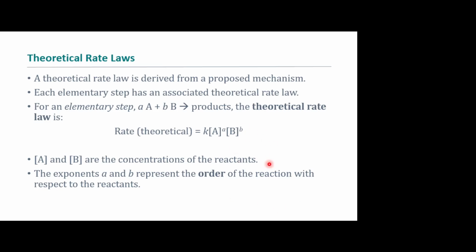A trimolecular reaction is theoretically possible, but the problem is that two things coming together and hitting each other is pretty rare when it's just random. Three things all coming together to hit each other at the same time is incredibly unlikely. So trimolecular is very unlikely to happen, and it'd be very slow if it does.